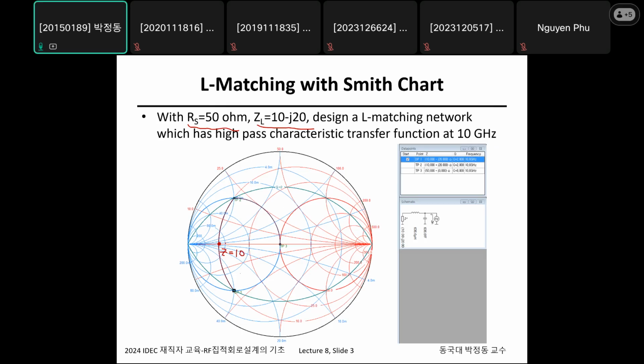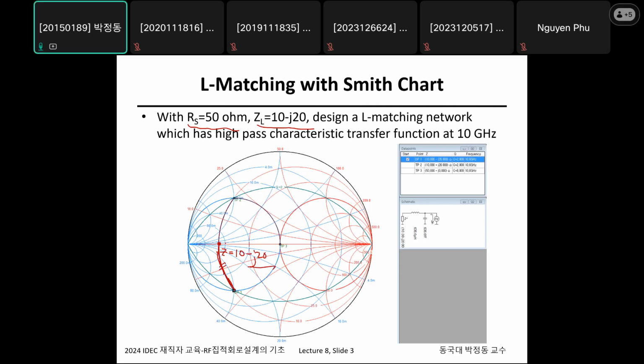But it has a reactance term, right? So you just add more inductor, right? So you add up this inductor.